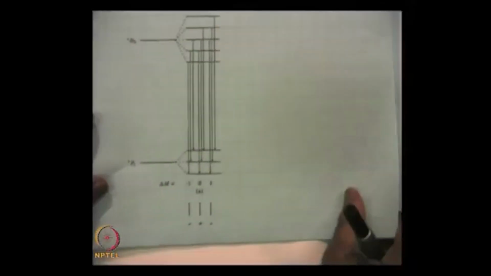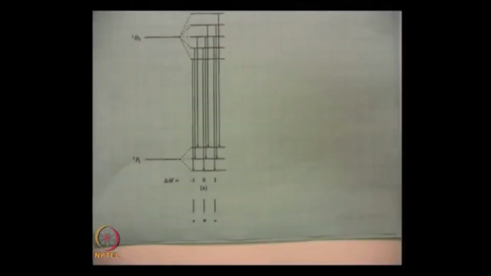Unfortunately, this theory is not applicable to the hydrogen atom, because we have to take into account the effect of spin and the spin-orbit interaction and other things. However, if I have a singlet state like in cadmium, then S is equal to 0. So, this is the singlet D2 state.